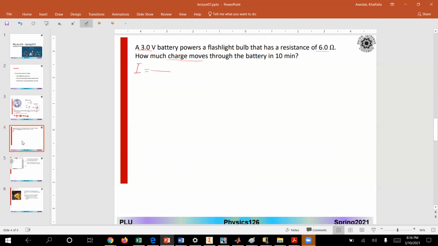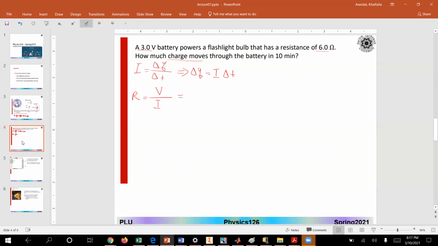Current means movement of charge, delta Q divided by delta T. So to find the delta Q, I need to find I, since delta Q is I times delta T. Going back to the information, I have the volts and I have the resistance, so I can use Ohm's law to find the current.